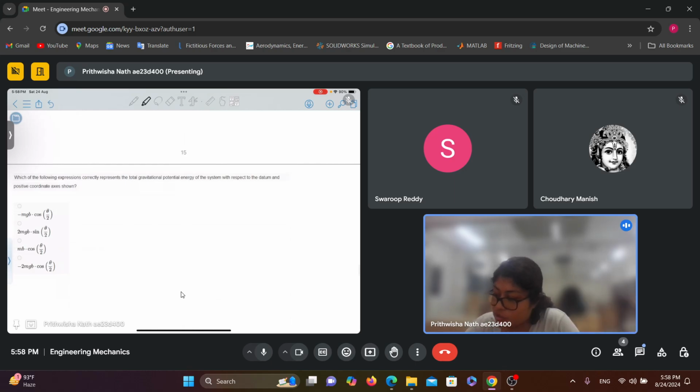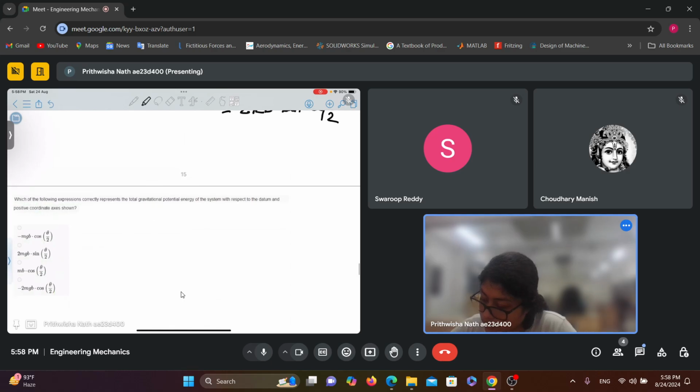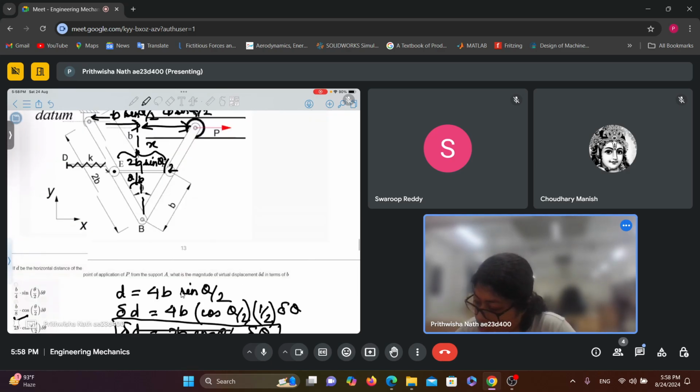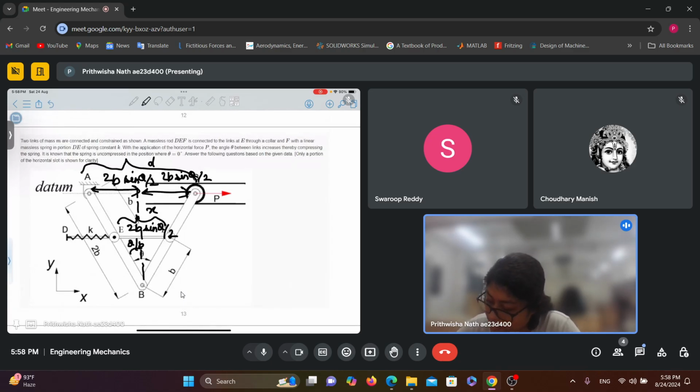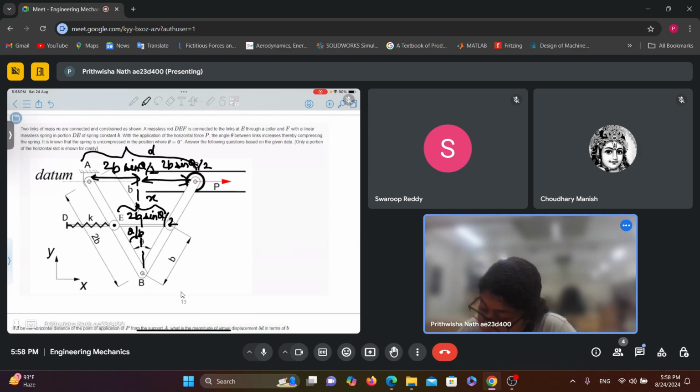Which of the following expressions correctly represent the total gravitational potential energy of the system with respect to the datum and positive coordinate axis shown? So total gravitational potential energy with respect to datum. So this level is datum. You can see from the figure. It's very simple. Just tell me what will be the answer. So mg would be acting here.